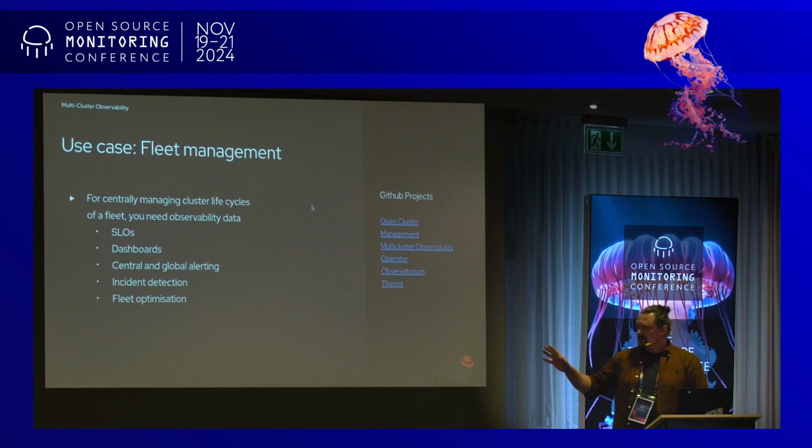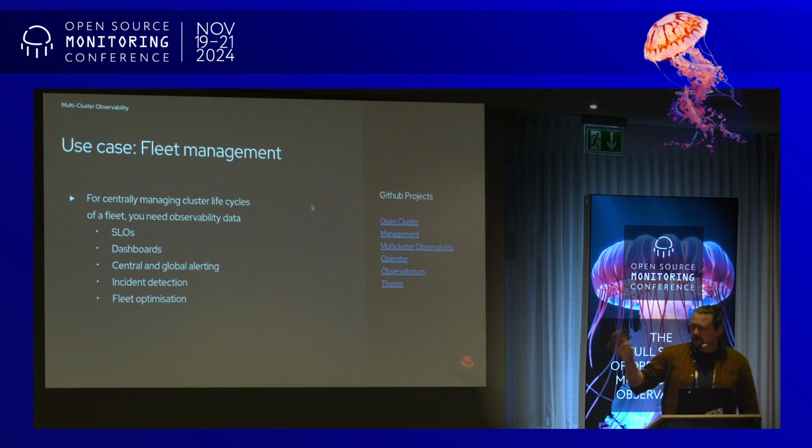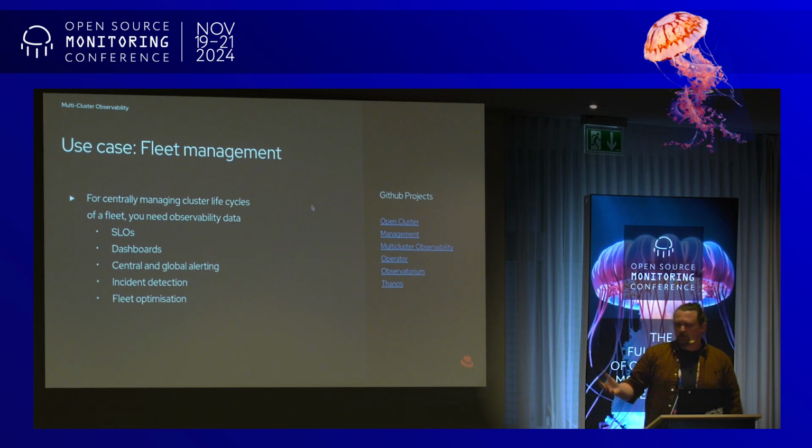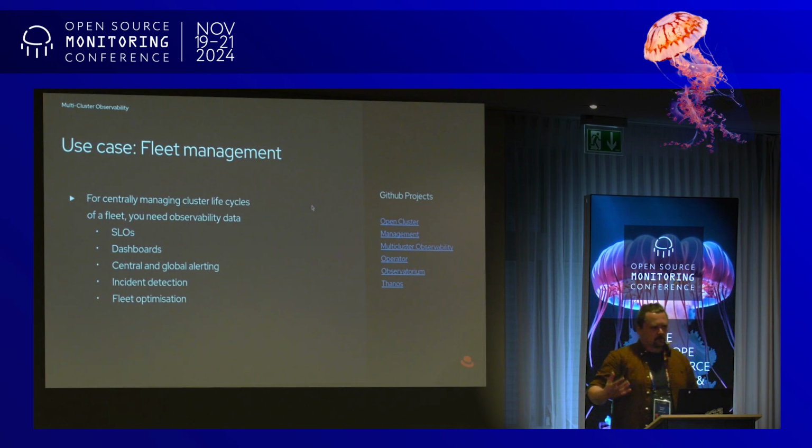Right, and then third use case, which I want to show, is fleet management. Fleet management is a lot more than observability, but observability is a big part of that for us. So this is basically the use case where you're centrally managing a large fleet of clusters.